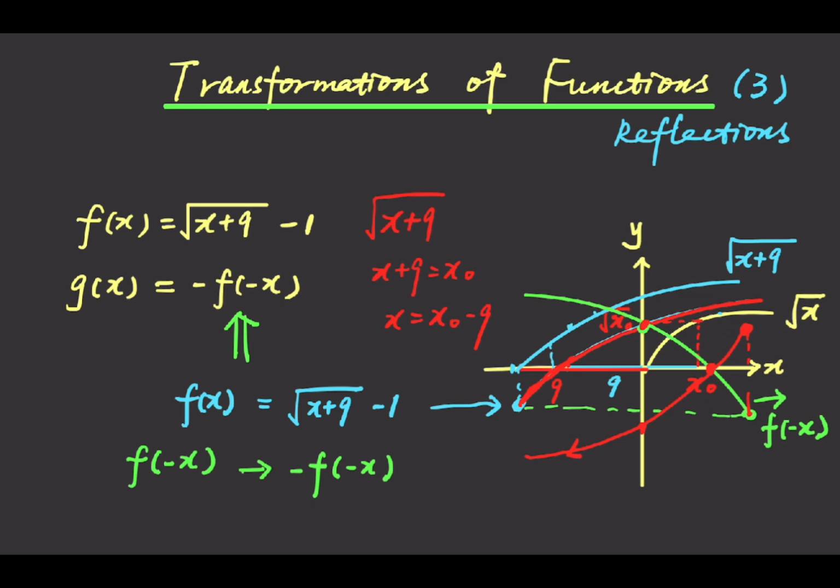Okay, now, generally speaking, we can make use of the base function, this one. Then we get this one. On the basis of this function, we get this function's graph. So on the basis of this graph, we can figure out this function.